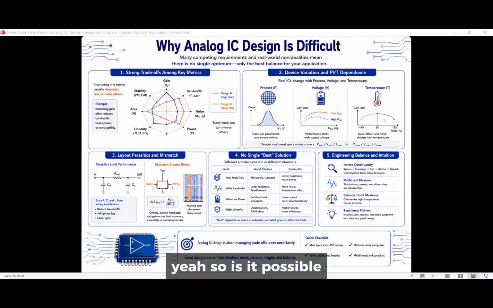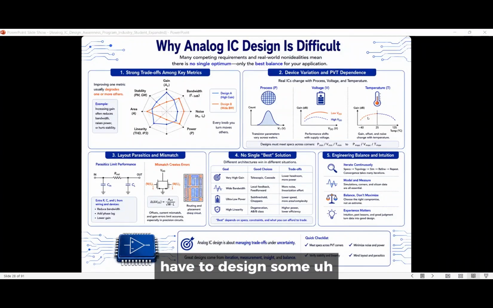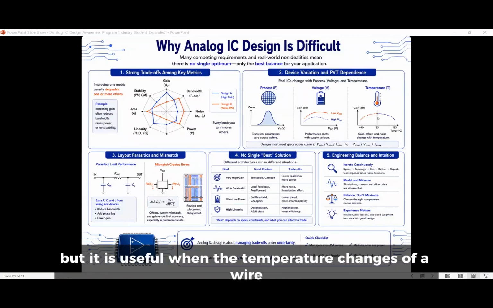So is it possible to do that? Actually, it's a difficult one. To be frank, this is a very difficult one. So that's why we normally have to design some supportive circuit. This supportive circuit is not to help our circuit provide higher gain or larger bandwidth, but it is useful when the temperature changes or varies.